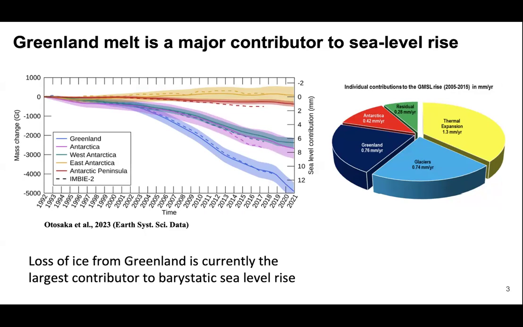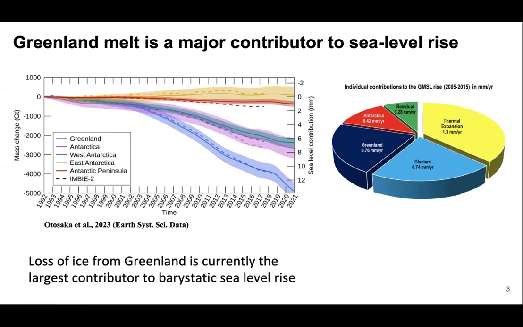This graph on the left shows, through ice mass balance calculations, that Greenland is losing mass at a faster rate than any of the ice sheets, faster than Antarctica. Particularly over the last 20 or 30 years, we've seen a notable increase in the rate of mass loss, such that today the Greenland ice sheet is the largest contributor to barystatic sea level change. That's the sea level rise contribution from melting of land ice.